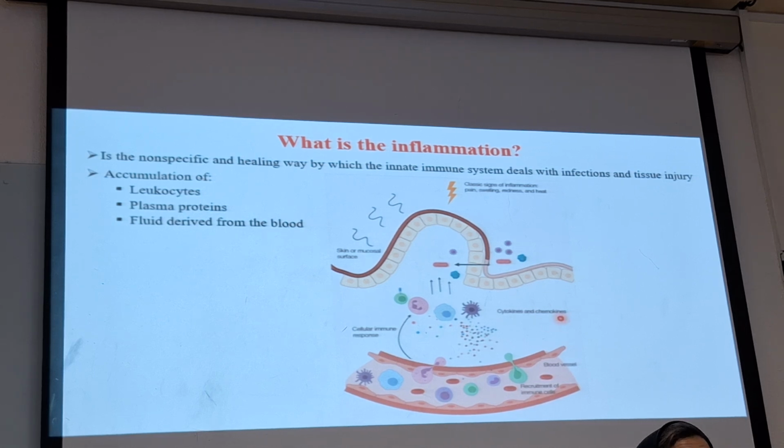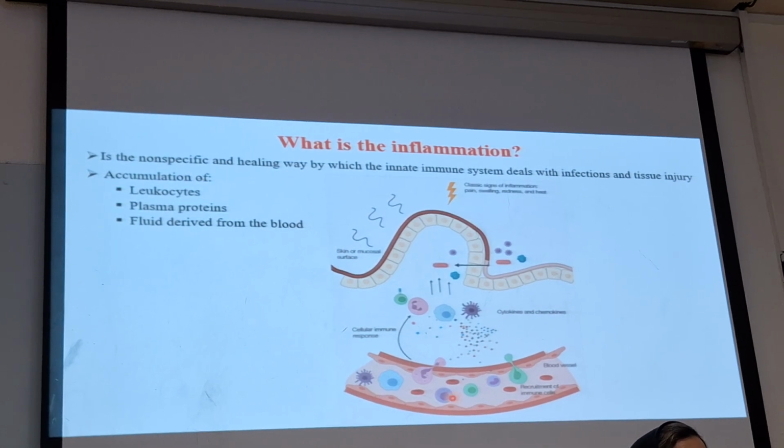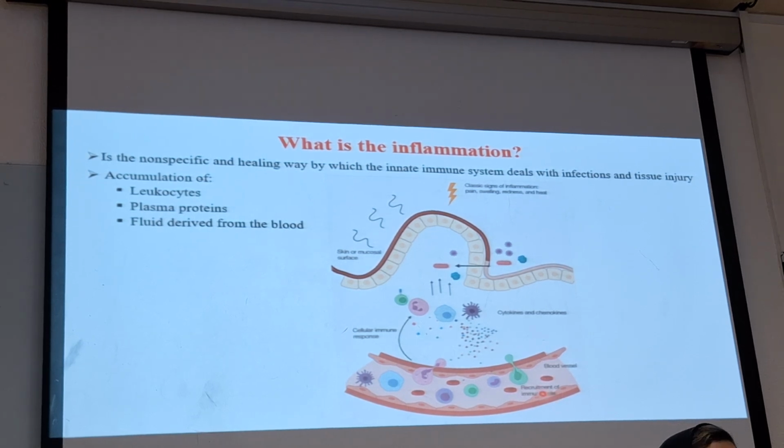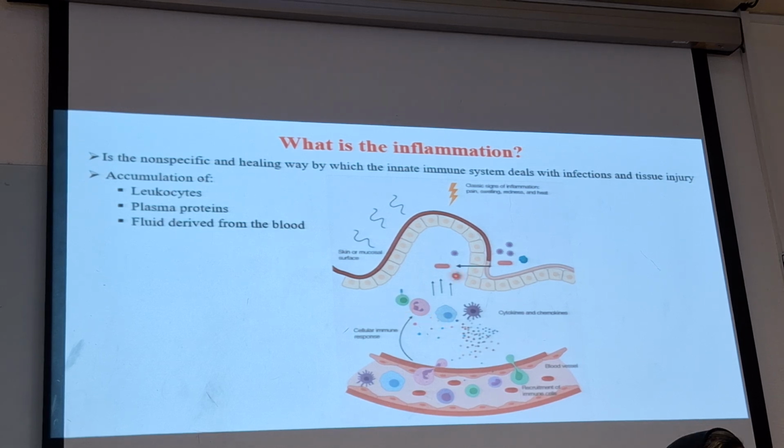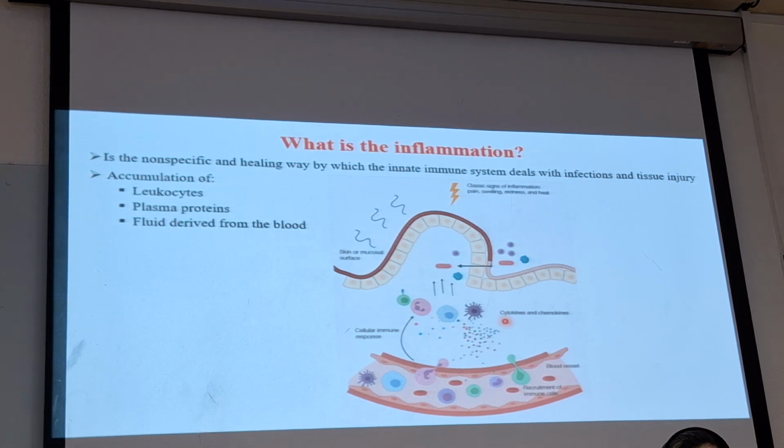Okay, but when some pathogens enter a specific site, in the skin of a finger, or a needle enters our finger, in this condition these leukocytes are recruited or extravasated to the extravascular site of tissue.